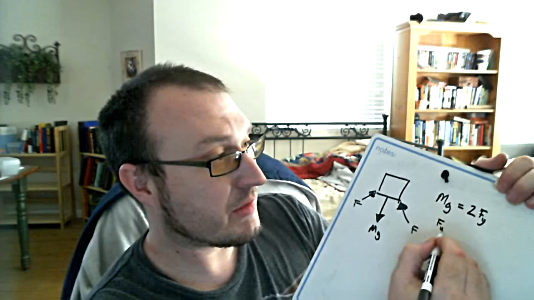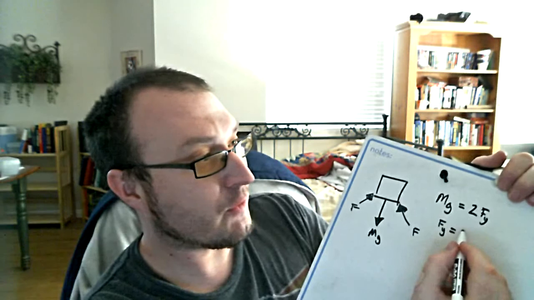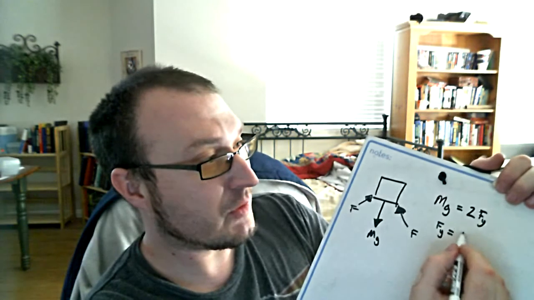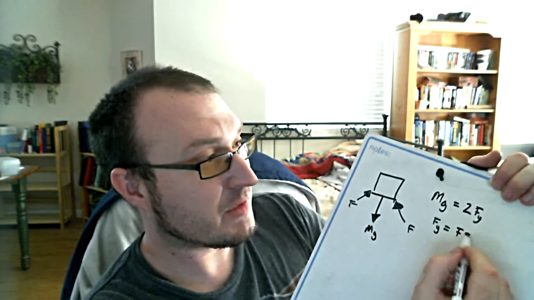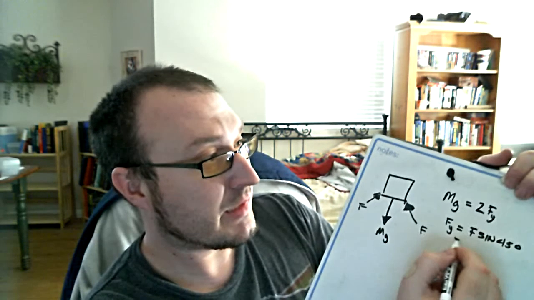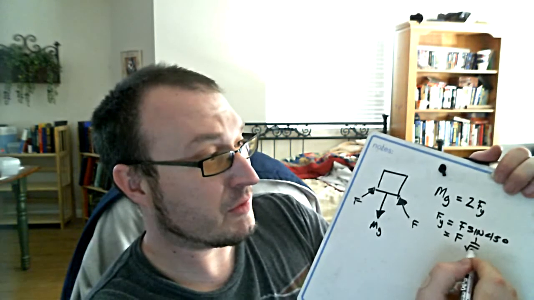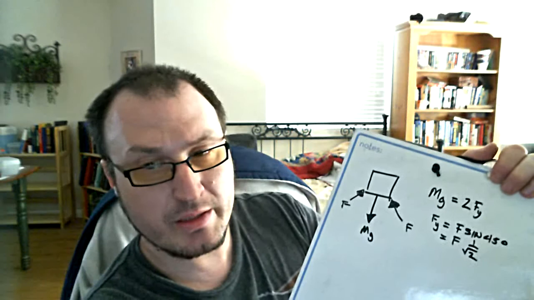Of course, the y component of that force is equal to the force times the sine of 45 degrees. And that's equal to F1 over root 2. And you get that by knowing your trig triangles pretty well.